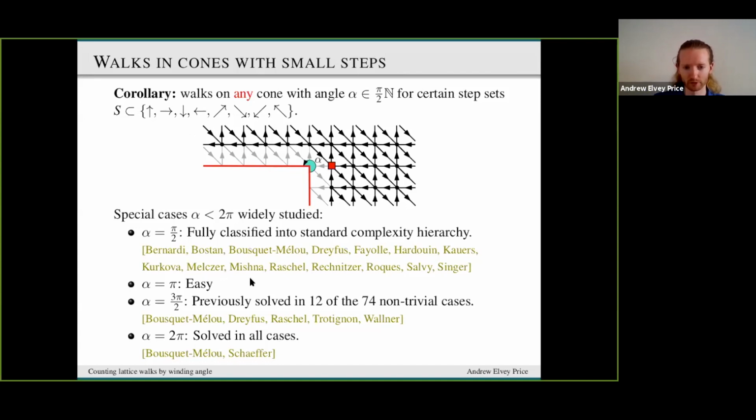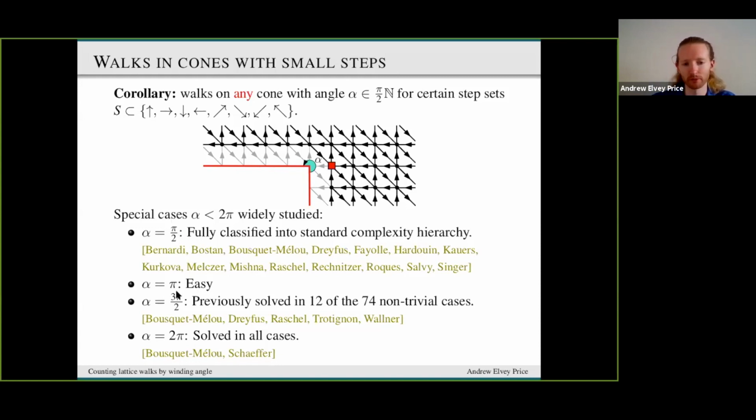And finally, after years of study, the problem for each step set has been solved and classified into the standard complexity hierarchy. In some cases the generating functions are algebraic, in some cases they're much more complicated. So that's for alpha equals pi on 2.